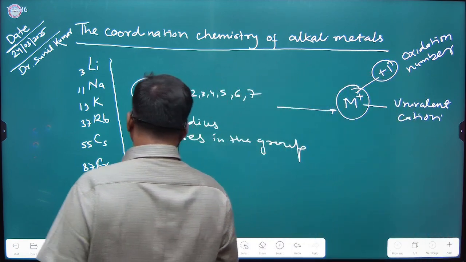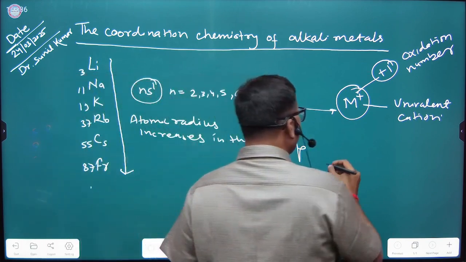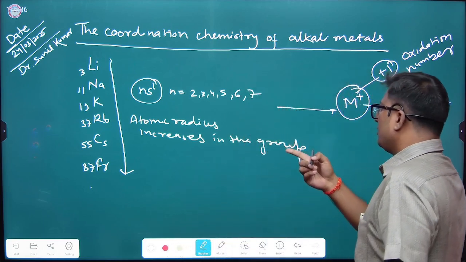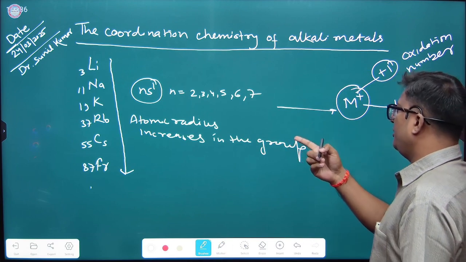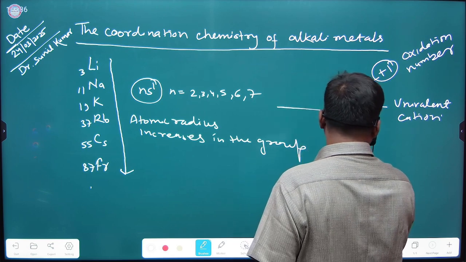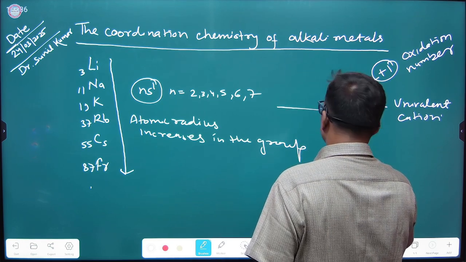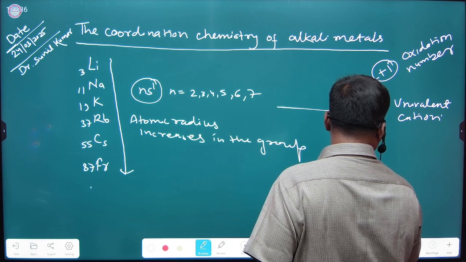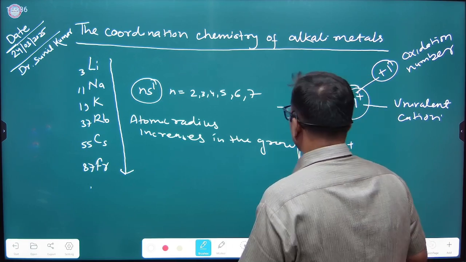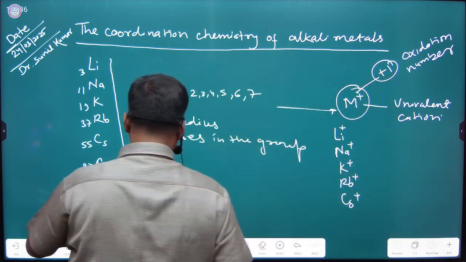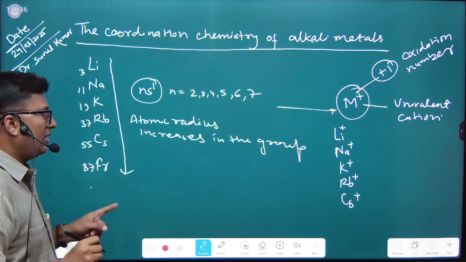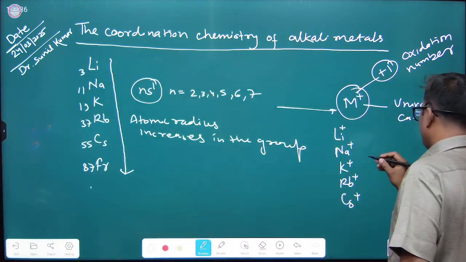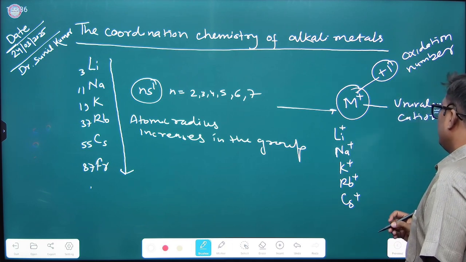If you think of the ionic radius similar to the atomic radius, after releasing one electron from the outermost shell the resultant cations are Li+, Na+, K+, Rb+ and Cs+. Here we do not consider francium because it is radioactive and has low abundance in nature.